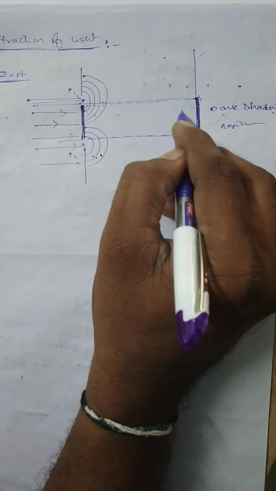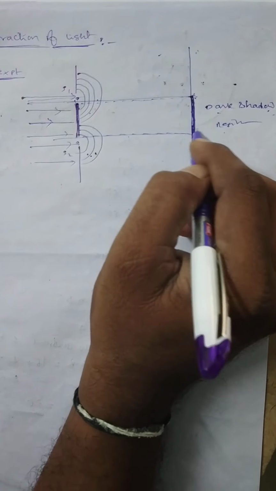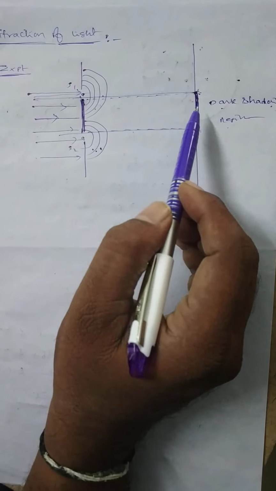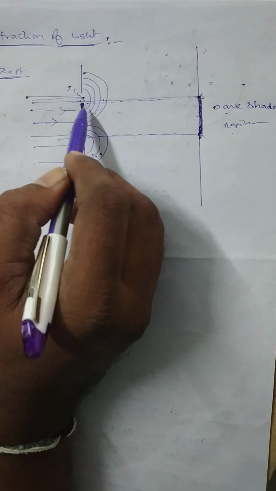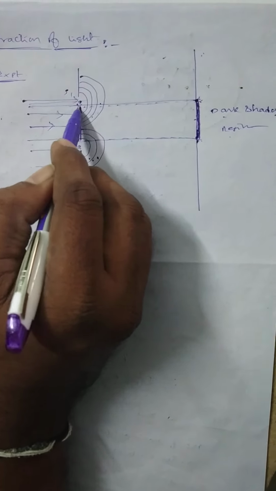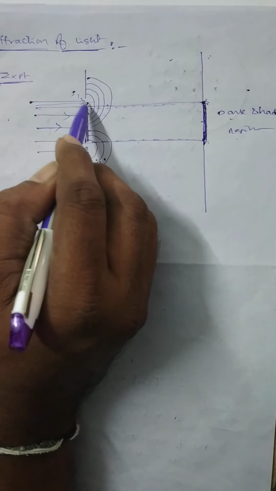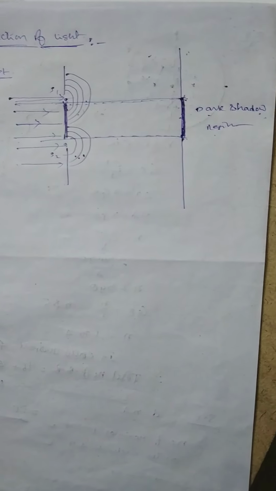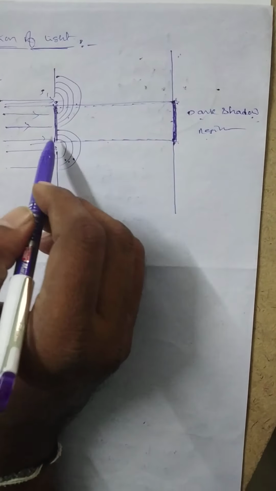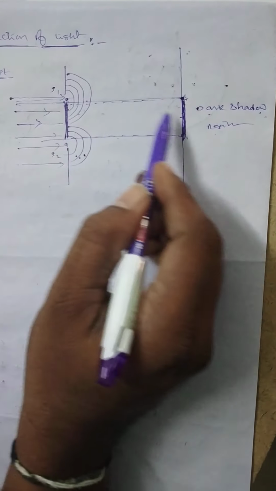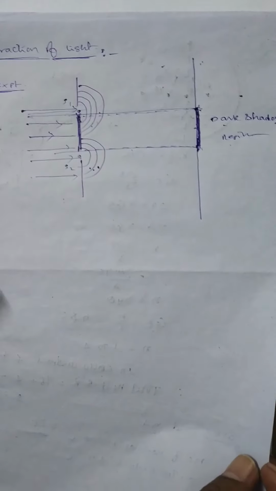Here there is no illumination, but experimentally in this region some illumination is observed on the screen. This illumination is mainly due to the light bending at the edges of the obstacle and the edges of the slits. Therefore, the bending of light at the edges of the obstacle and its encroachment into the geometrical shadow is known as diffraction.